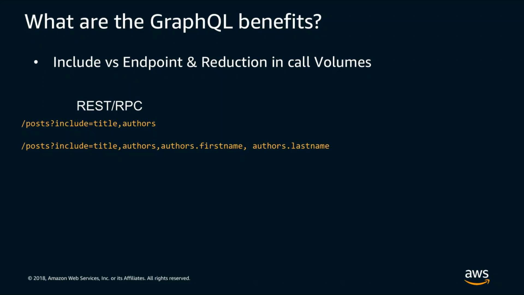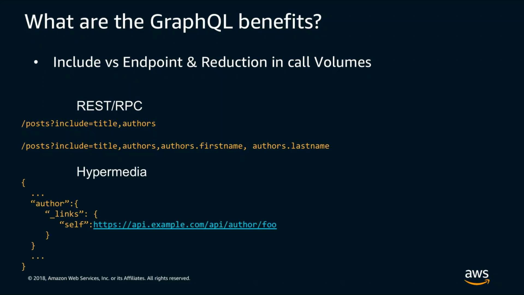The alternative to this is hypermedia or HATEOAS, where if you have a really nested query, you can return links, in this particular case the author is returning links to get more information.